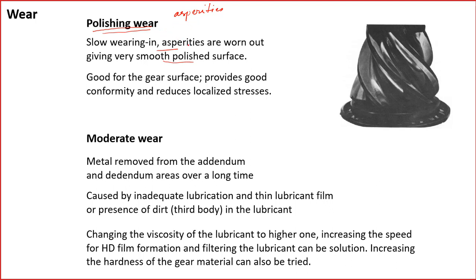So initial polishing is good. It helps the gears mesh together nicely. It is good for the gear surface, provides good conformity, so the contact pressure can be reduced, reducing localized stresses.